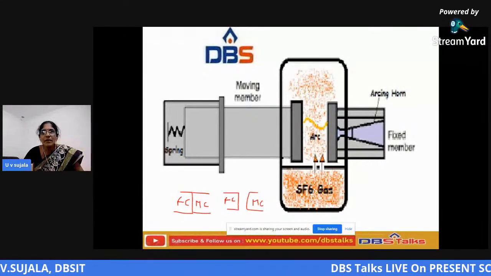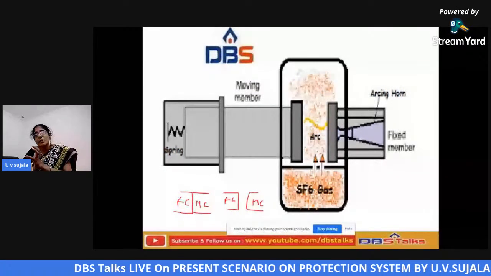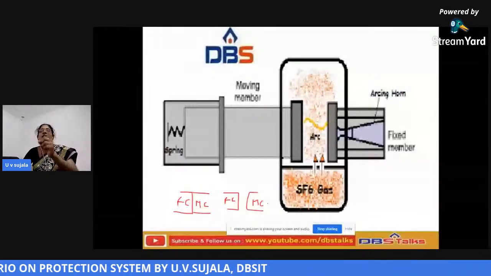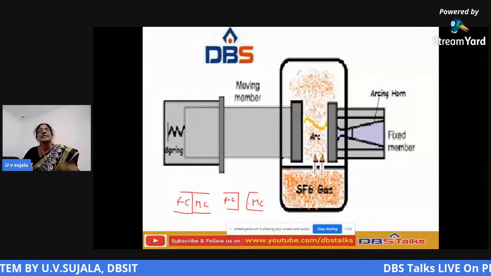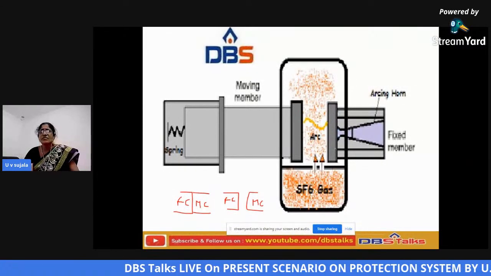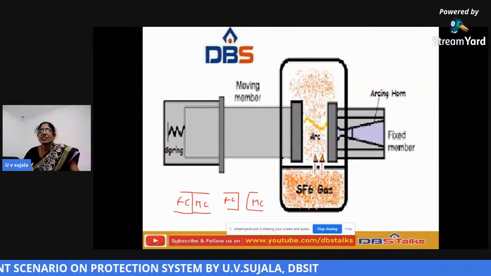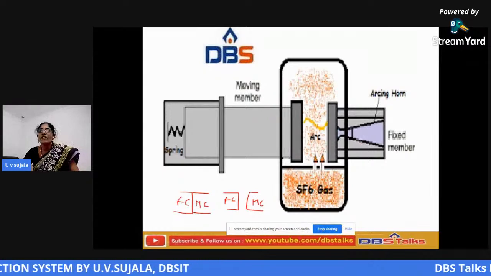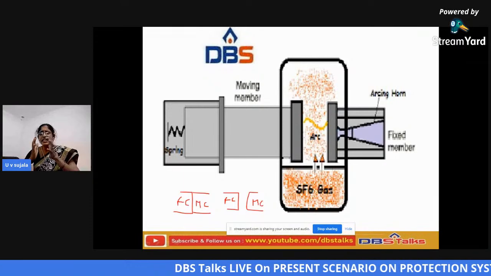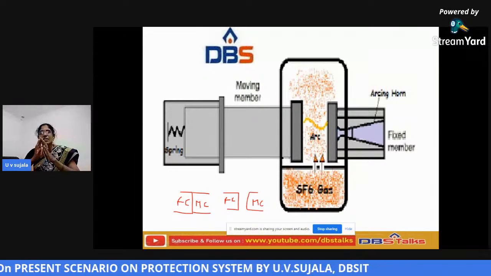Whenever a fault occurs, the breaker will open. How does the breaker open? Only when the relay sends the signal to the circuit breaker will it open. So here you have to see that there are two coils, a fixed coil and a moving coil. Whenever a fault occurs, only then will it open.